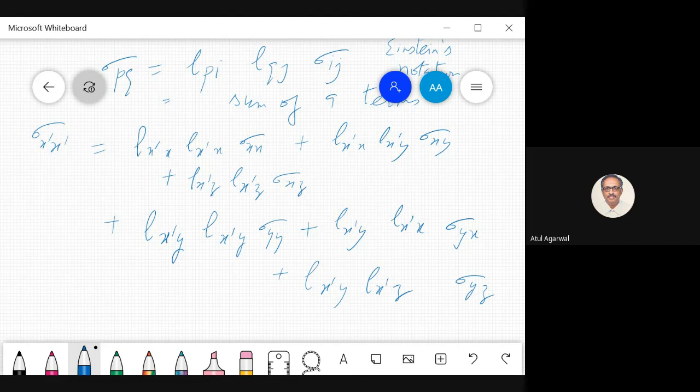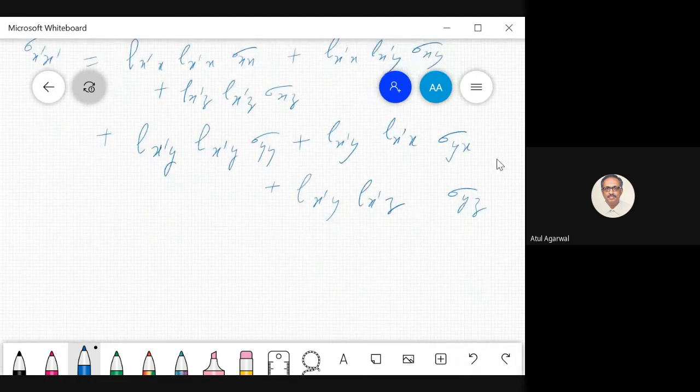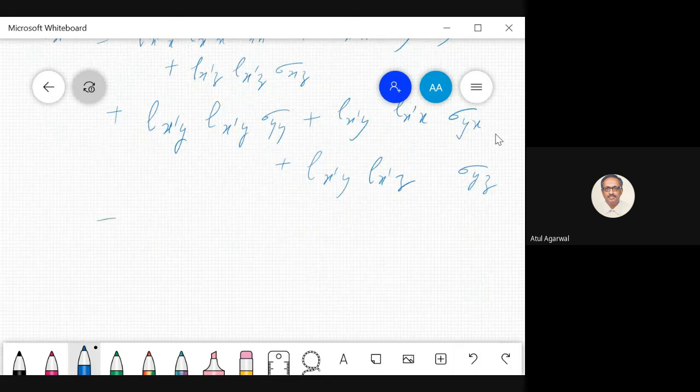Can you see this? Now what I do plus, let's take it sigma ZX. So here it will be Z, here it will be X. Next term is sigma ZY.